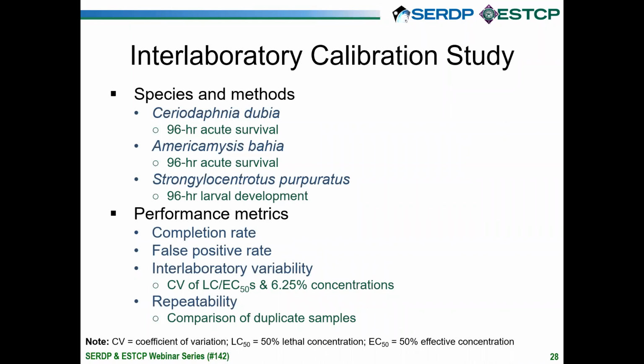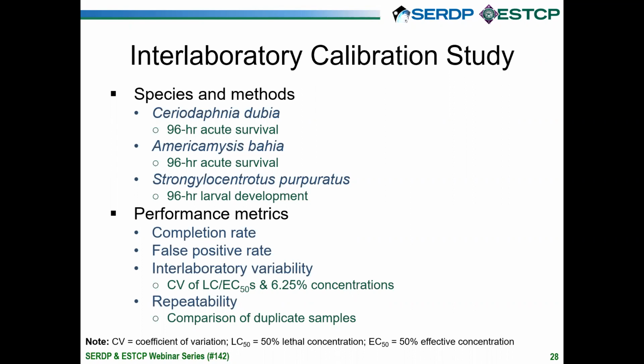So in total, we had 12 laboratories involved with the study. Seven labs were with the freshwater flea study, 8 with the mysid shrimp, and 7 labs with the purple urchin test. Not all labs could perform all methods, and so we ended up with about 7, 8, and 7 for each of those test methods respectively.